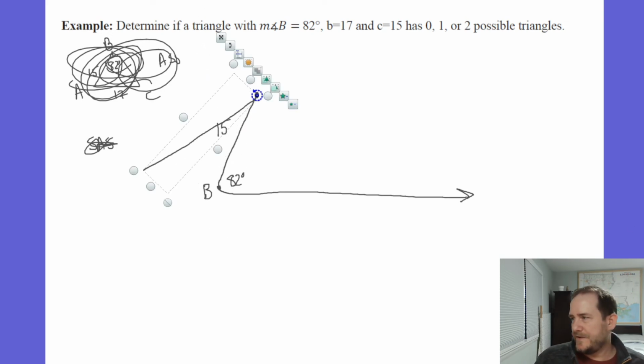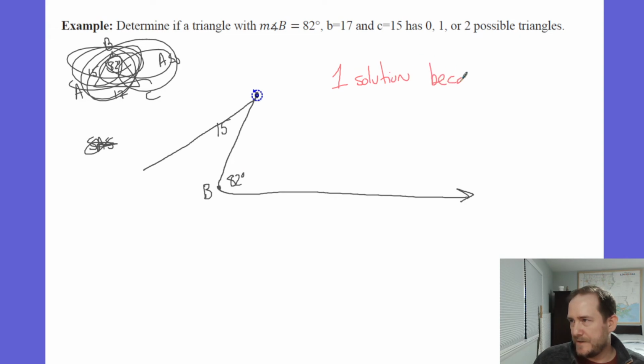So I actually don't need to do any math. I can say for this one that there is 1 solution, because side B is greater than C, and so we're in that range.